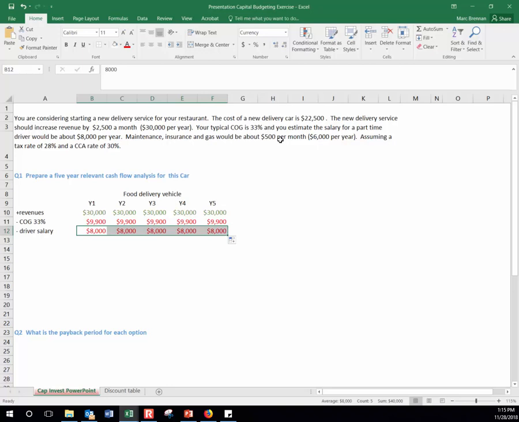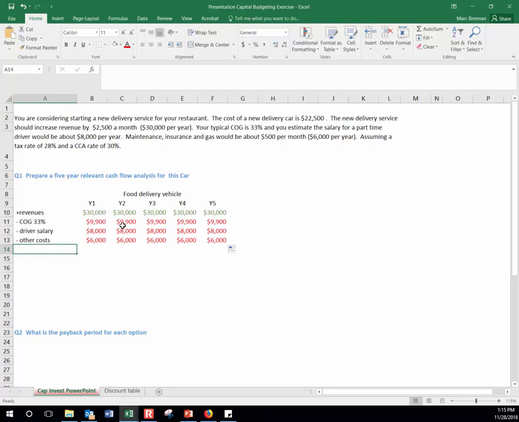Maintenance, insurance, and gas would be about $500 per month, $6,000 per year. So we can call this other costs, $6,000 a year, and we just drag that over. So this first part should be fairly simple: we take the increase in savings or revenues, minus any directly related costs of this investment.